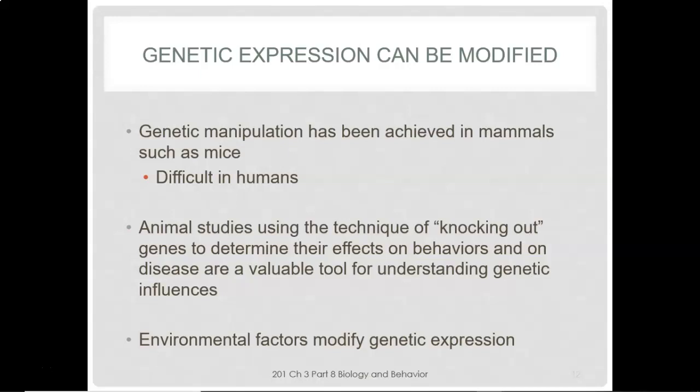So this is not stuff that we do with human subjects. It's just hard to do in human subjects, and there's a lot of ethical issues about should we go and selectively breed humans. In my opinion, absolutely not. I think that's extremely unethical, and the science community agrees with me.